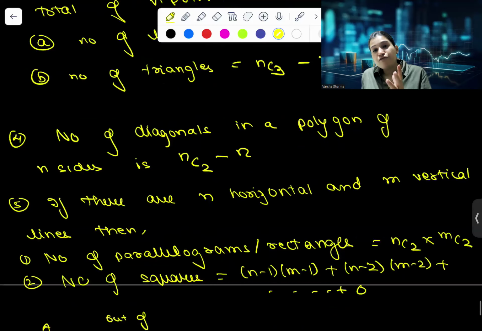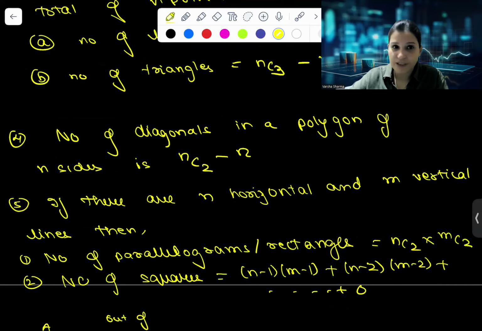If I have 4 horizontal, 4 vertical, the number of parallelograms or rectangles will be 4C2 into 4C2. And number of squares, keep on subtracting 1: 3 into 3 plus 2 into 2 plus 1 into 1, till we get 0. So these are certain specific formula based questions that we have in combination.